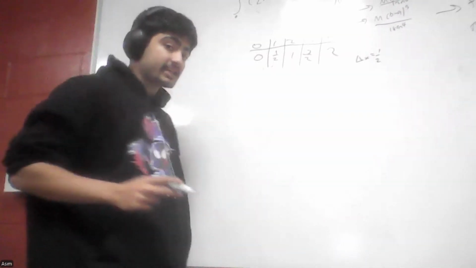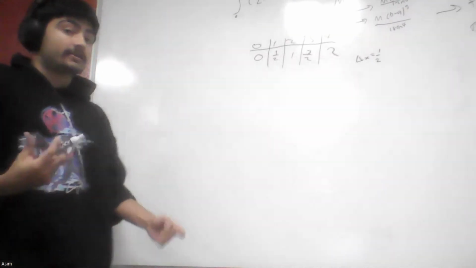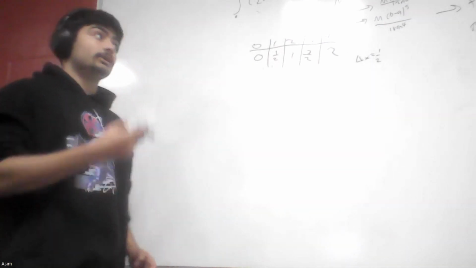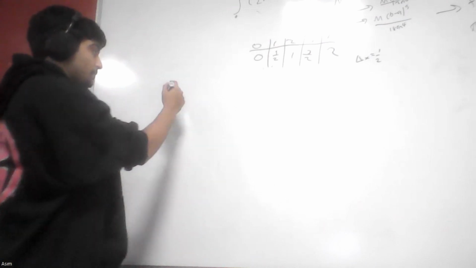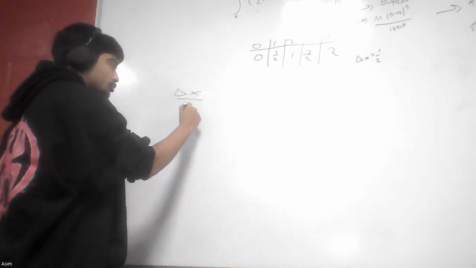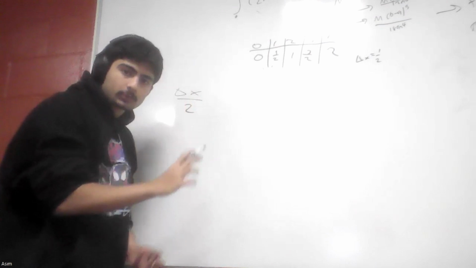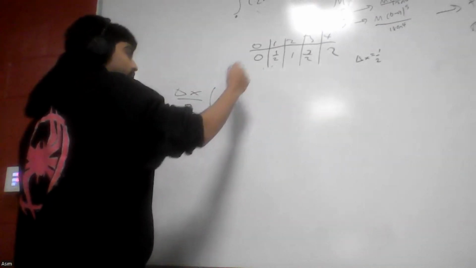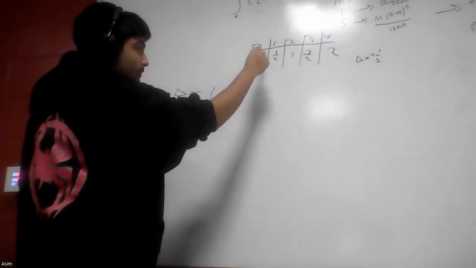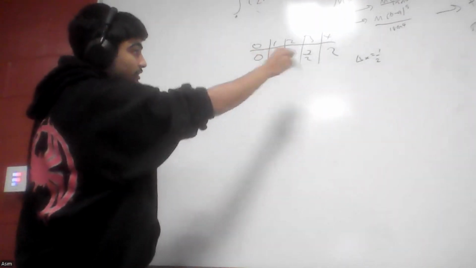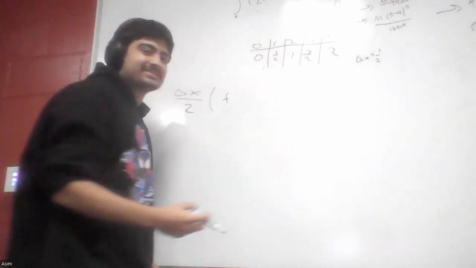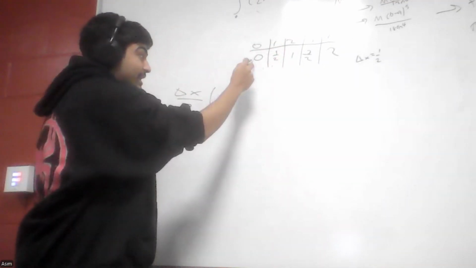Since we have this table over here, in order to find our trapezoidal rule, it's just going to be this formula: delta x over 2, times f of the first, which is f of 0. When I'm saying first, these are the subinterval values for the integral.